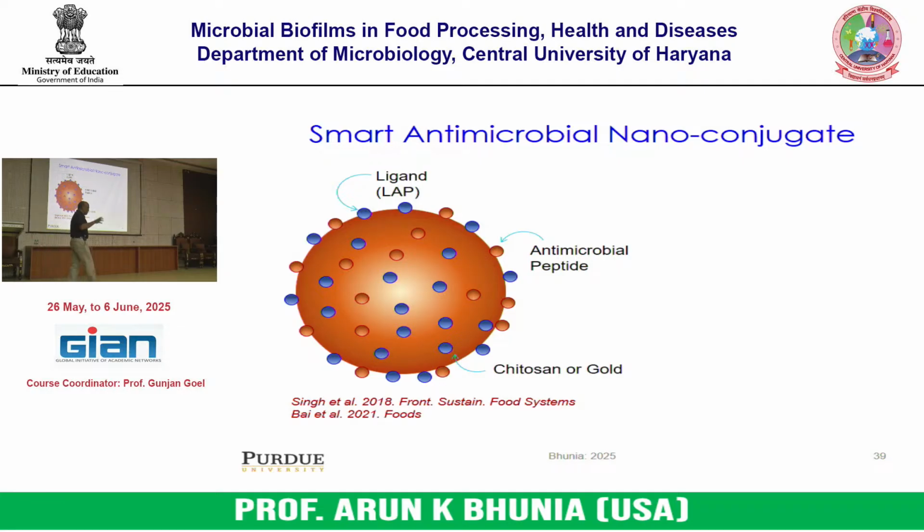The way chitosan works is that at large molecular weight, it's not antimicrobial. But at low or certain molecular weight, it becomes antimicrobial. That's a very fascinating property. So what people are doing is creating this chitosan nanoparticle. You know how to synthesize nanoparticle. And then you can tag it with the antimicrobial peptide.